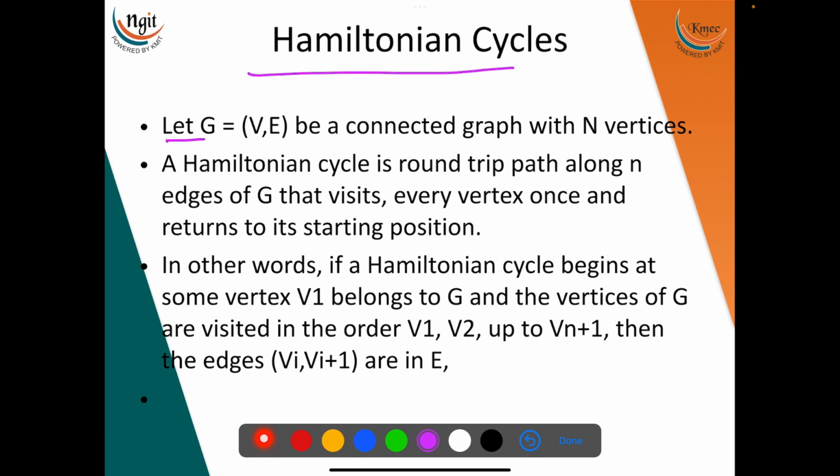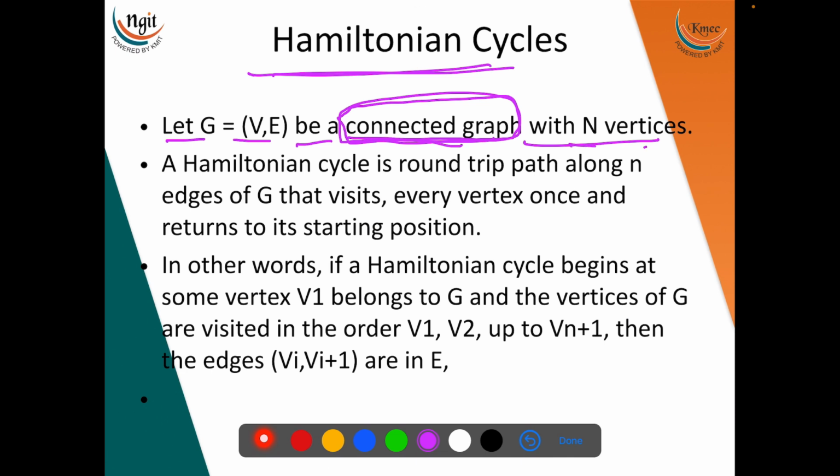Let G = (V, E) be a connected graph. This is the prerequisite to generate Hamiltonian cycles with n vertices. The graph should be a connected graph with n vertices, and the definition of a Hamiltonian cycle is: a Hamiltonian cycle is a round trip path.